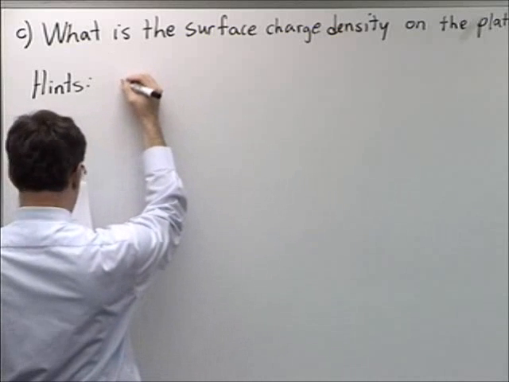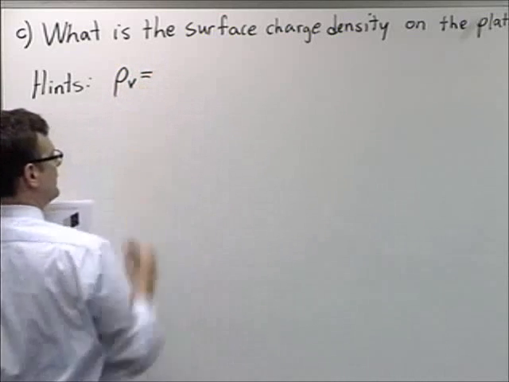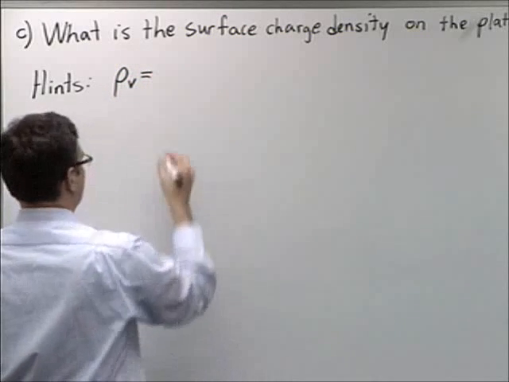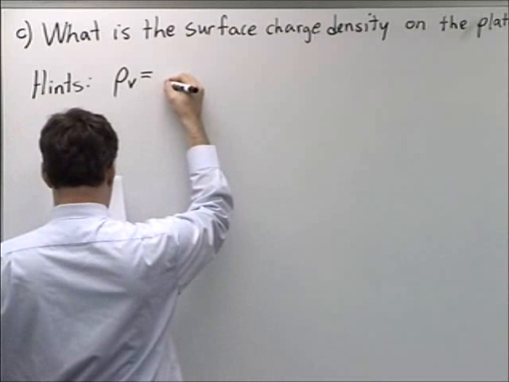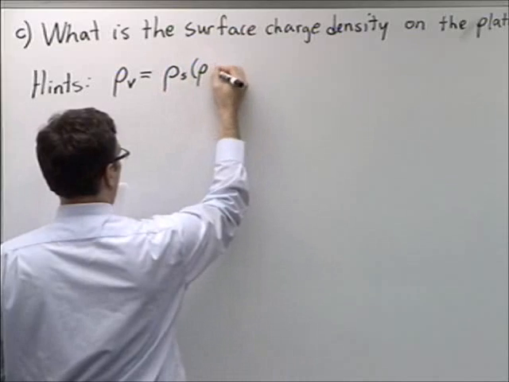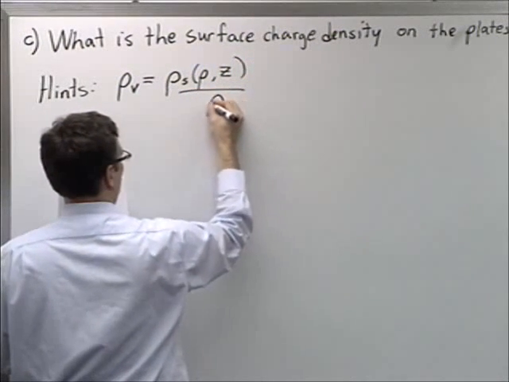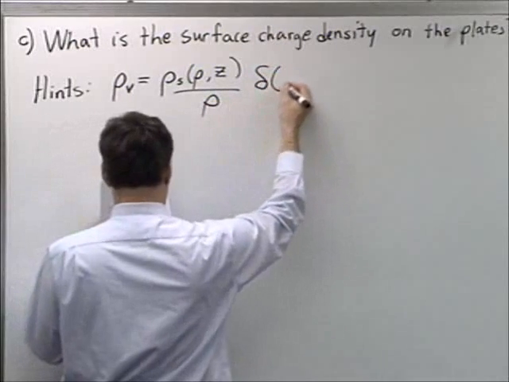is the following relationship. The volume charge density as a function of 3D space is equal to the surface charge density as a function of rho and z, divided by rho, with a delta function.